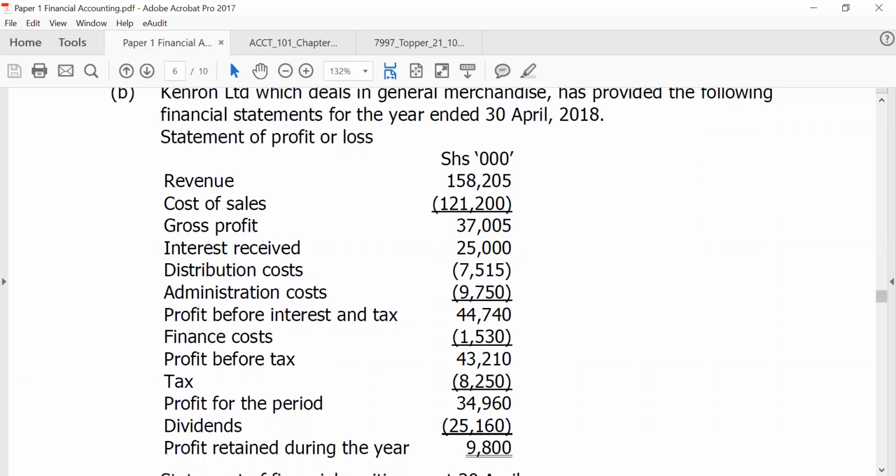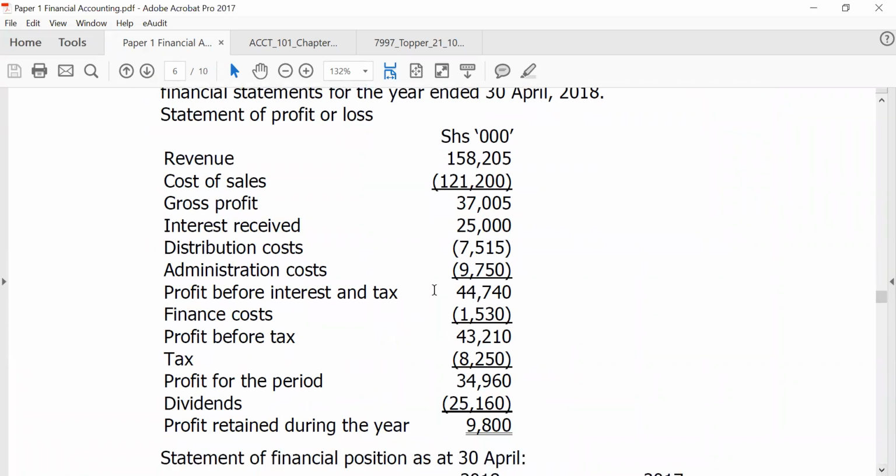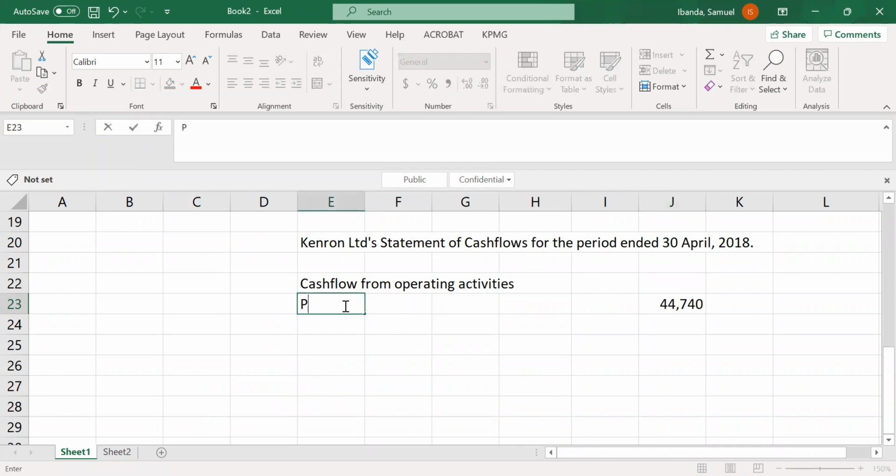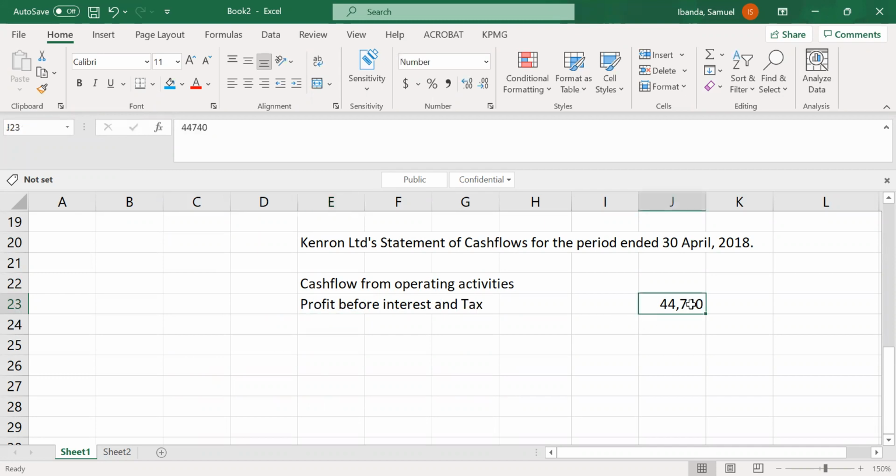So the profit that we have before interest and tax is here. So we'll take this 44.7 and put it here. So that is what we have.